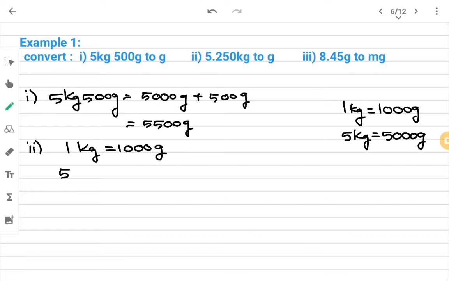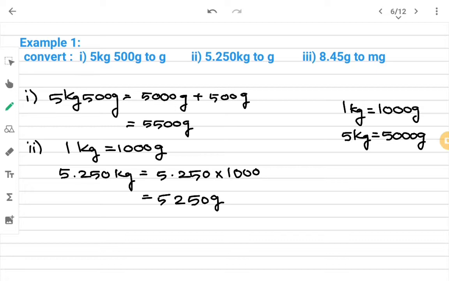Therefore 5.250 kilogram is equal to 5.250 into 1000. You will get 5250 gram.